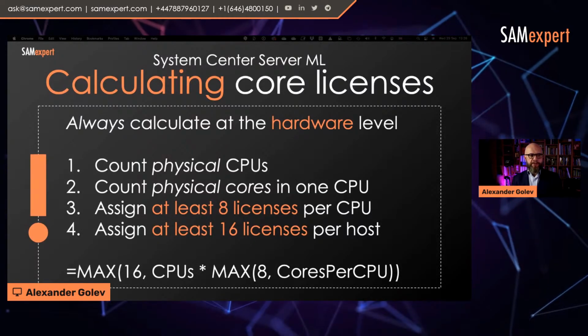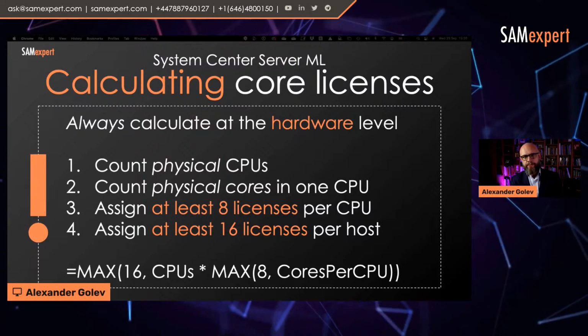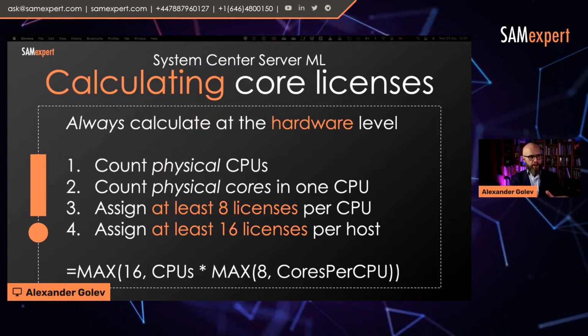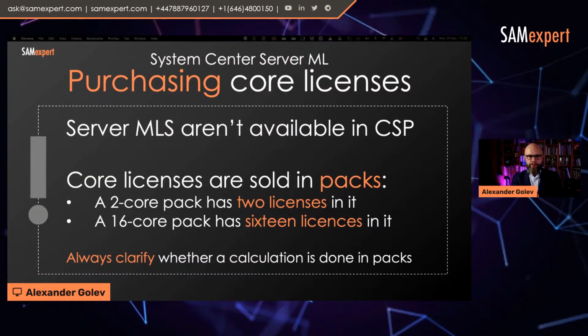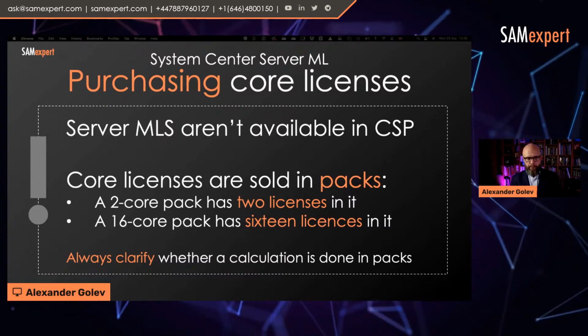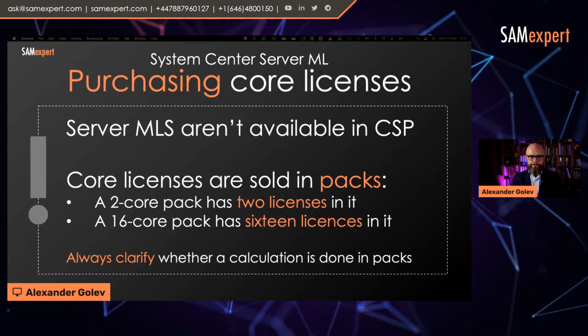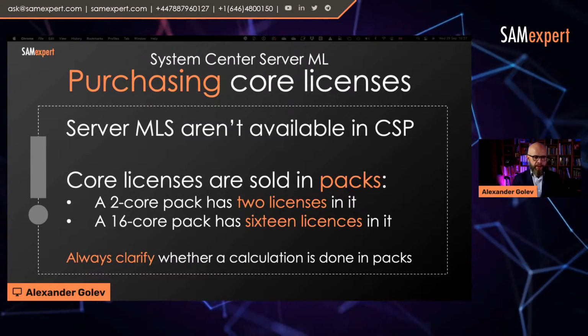Same formulas. So let me skip through this because it's exactly the same as what I explained for Windows Server. How you buy them? There are no 8 core packs, but the same rules apply to 2 core packs or 16 core packs. Same thing. There are just packs of single core licenses.